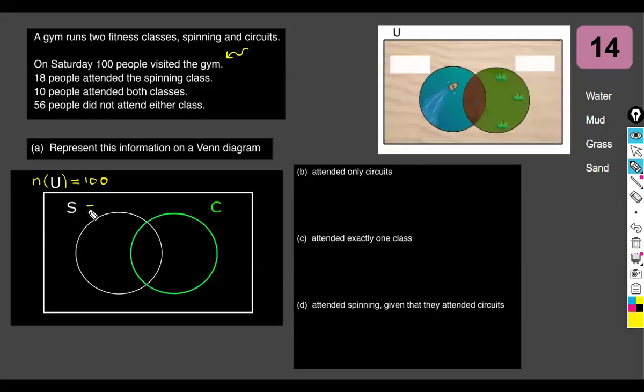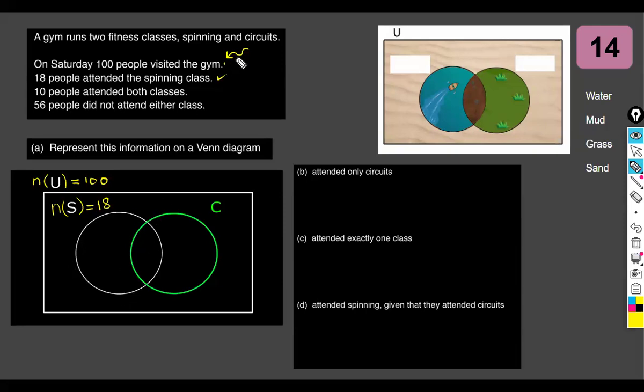That's supposed to go on the outside. And to get full marks, you have to put the little n and the brackets: the number of people who attended spin, n(S), is 18. And once again, that 18 refers to the whole white circle.